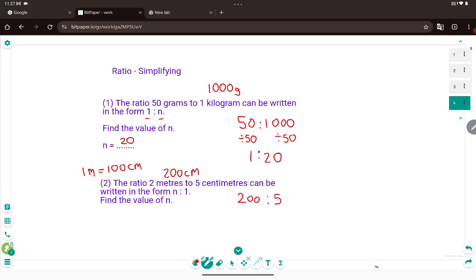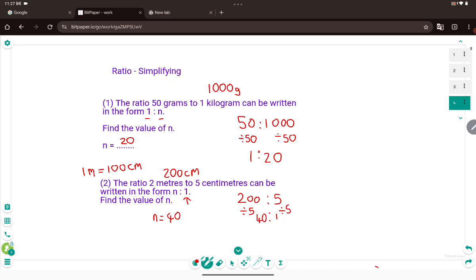We want it in the form n to 1, so this time we've got 1 on the right hand side of the ratio. So 5 divided by 5 gives you 1, so we have to divide the left hand side by 5 also. So we've got 1 here on the right hand side, and 200 divided by 5 is 40. The answer is 40 to 1. n is 40.